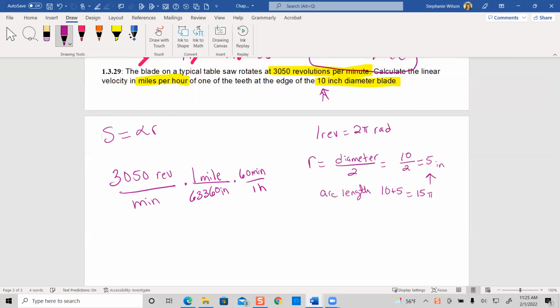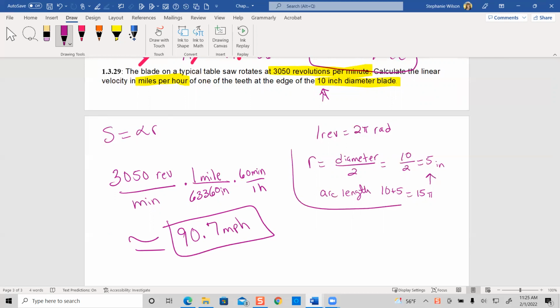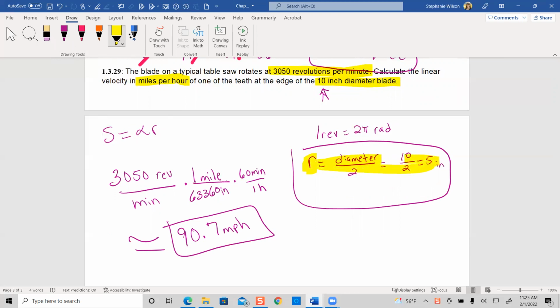And when I do this, round to the nearest tenth, I have 90.7 miles per hour. And that is the answer to my question. This was some extra side work. Really didn't need it. Sometimes it asks, but it's important that you actually know how to find the radius if you're given a diameter. So this part here is important. And this is our answer.